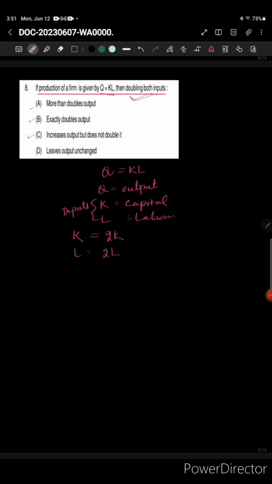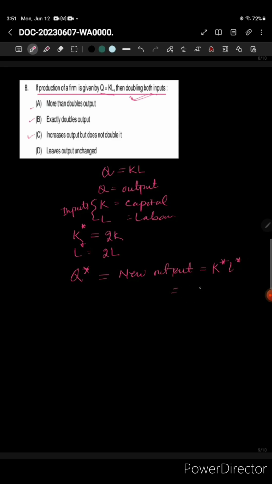So when we are doubling both the inputs, the new output will be Q star equals K star into L star.